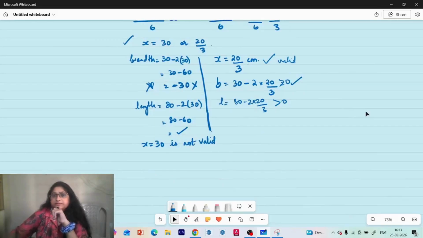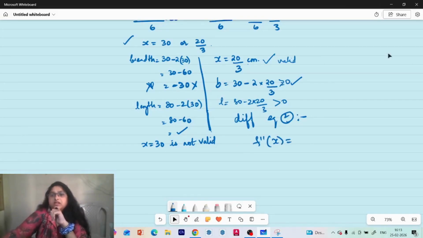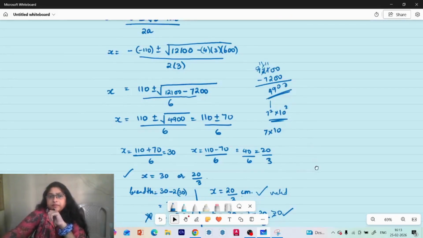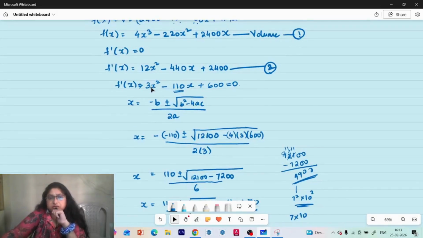Differentiating it, f double dash x would be 6x minus 110.